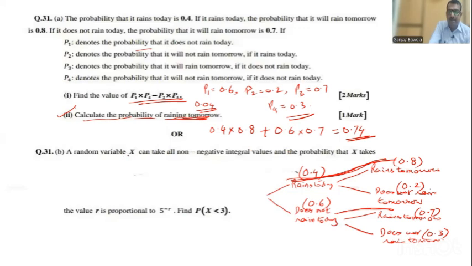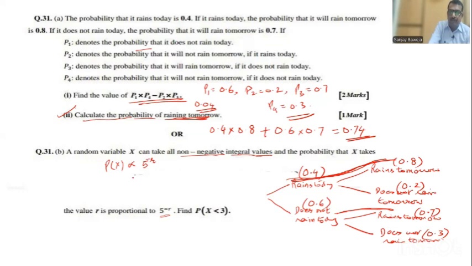So 31 part B: a random variable x can take all non-negative integral values, which means it starts from 0, right? And the probability that x takes the value r is proportional to 5 raised to power minus r. So remember, probability of x is proportional to 5 raised to power minus r.